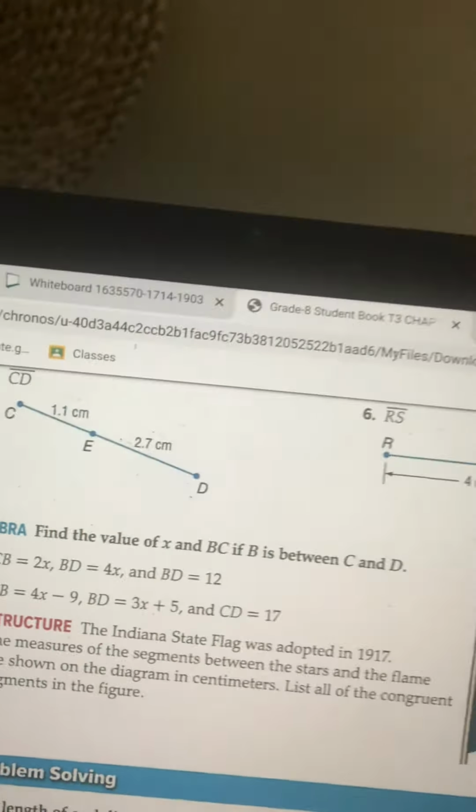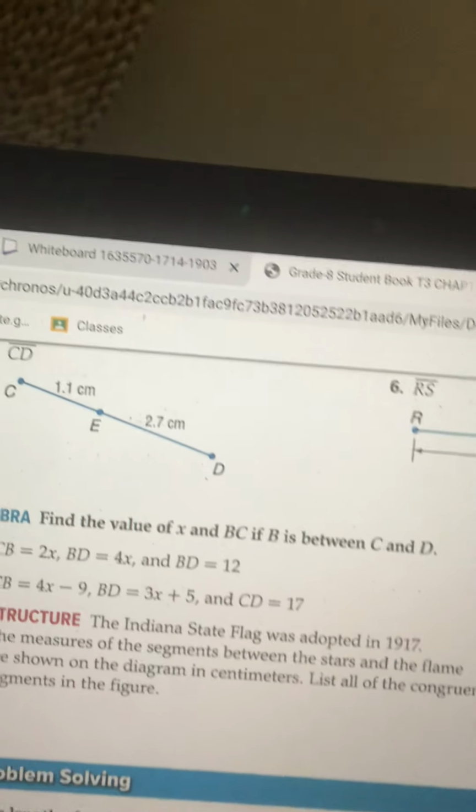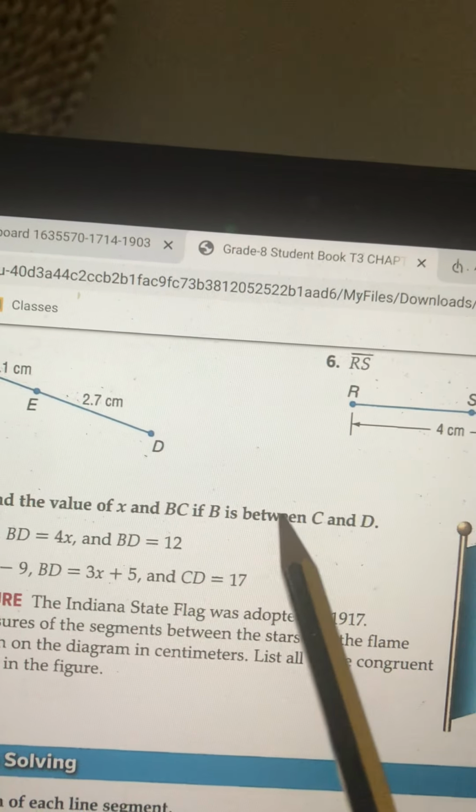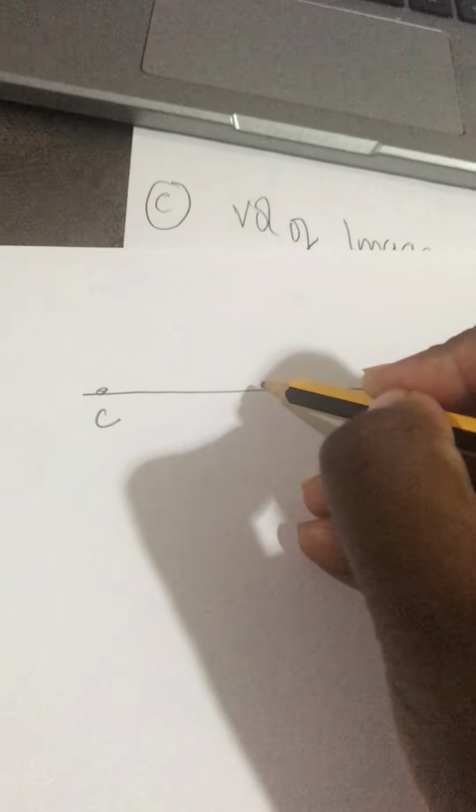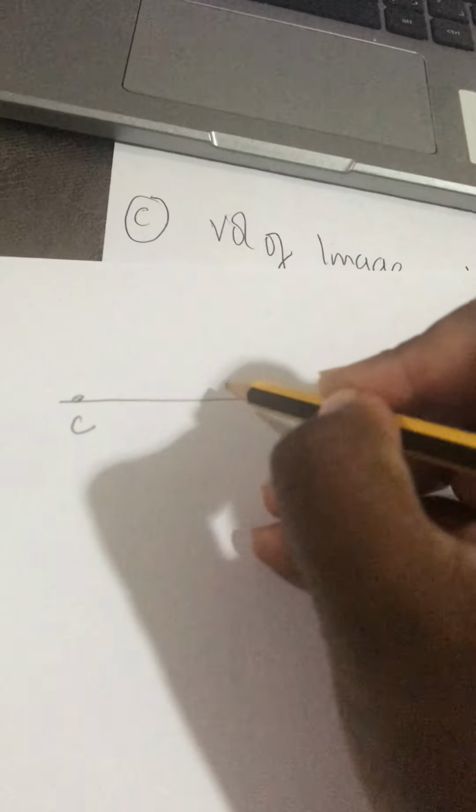All right, we read. So as we read, you draw. Find the value of x if B is between C and D. So you have C, you have D, and you have B.